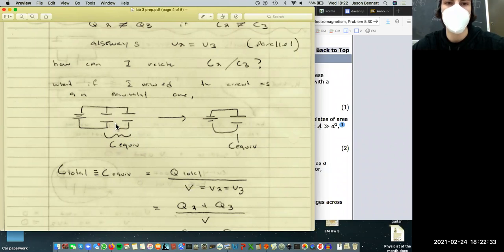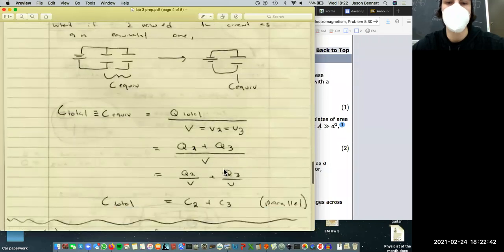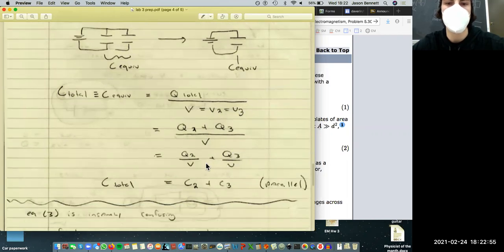Also, I know that the two voltages are the same, so I can write it in either way I want. When I write V, it's just shorthand for either of them because they're both equal. And Q total is the charge on this capacitor and the charge on this capacitor, 2 and 3. Then I can divide each of them by V, respectively, 2 and 3. Again, they're the same. And then I have that in parallel, the total capacitance of this element right here would be both of them together.